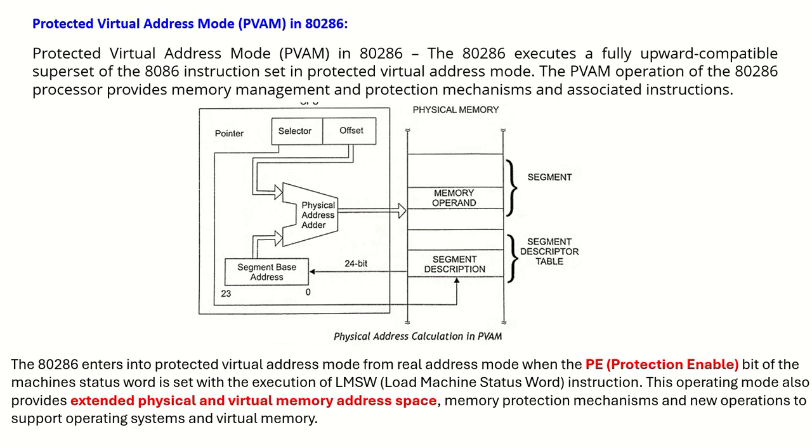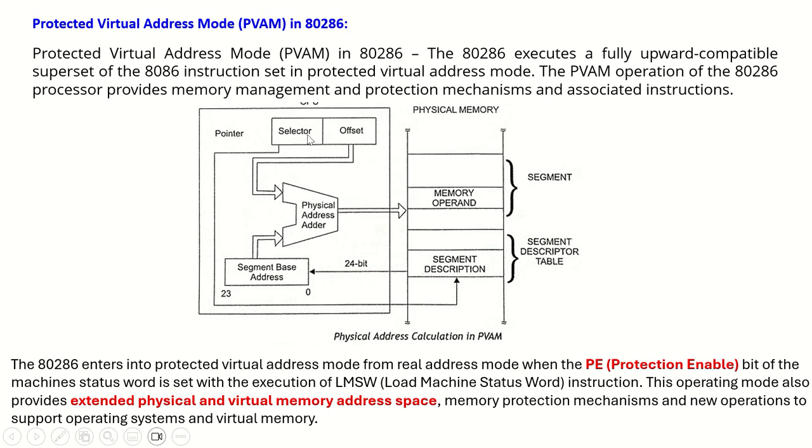Once you are in protection mode, it uses the addressing mechanism called the virtual addressing mechanism. Virtual addressing means the same segment register acts as a selector.